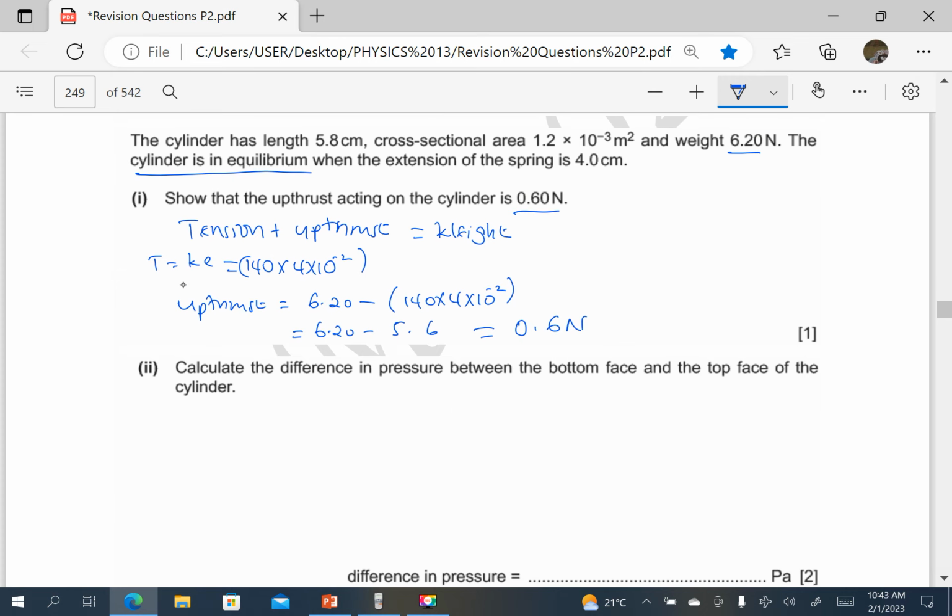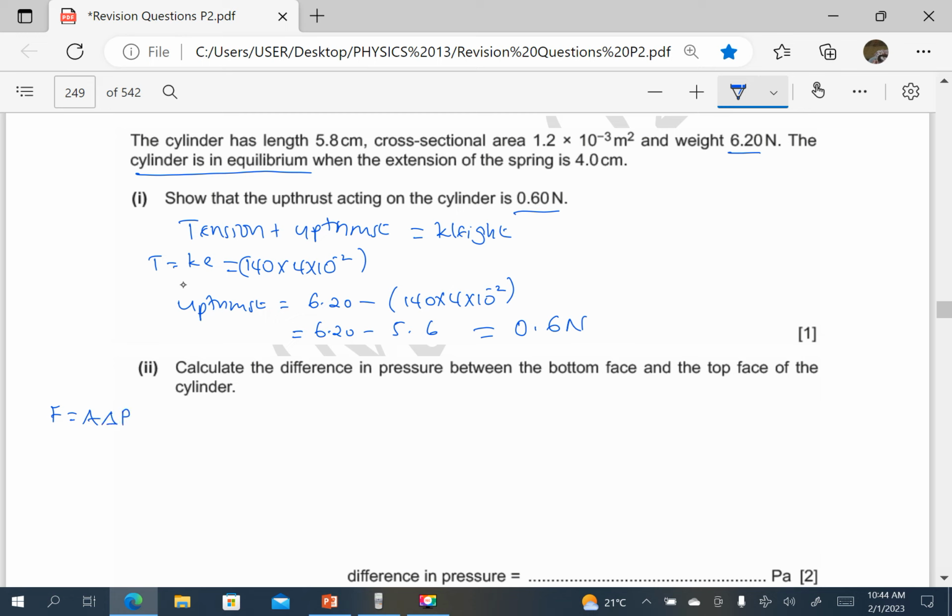Calculate the difference in pressure between the bottom face and the top face of the cylinder. Remember, upthrust is a result of the difference in pressure between the top and the bottom. Upthrust force is equal to cross-sectional area times that difference in pressure.